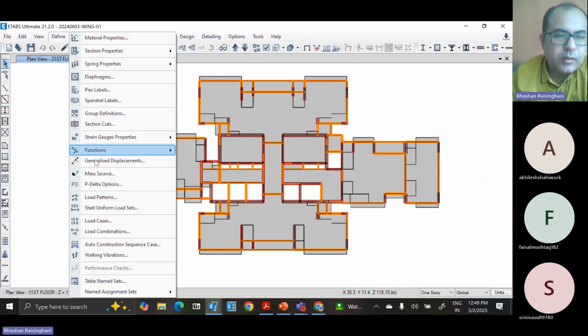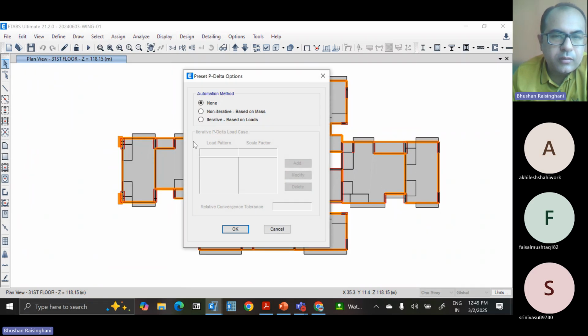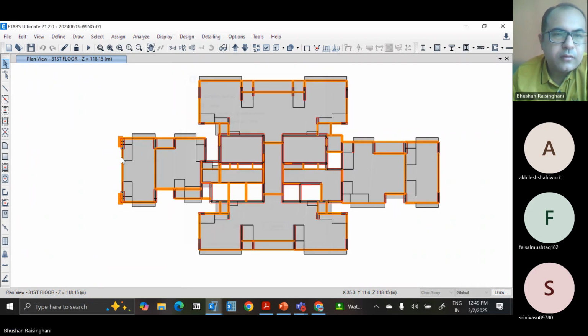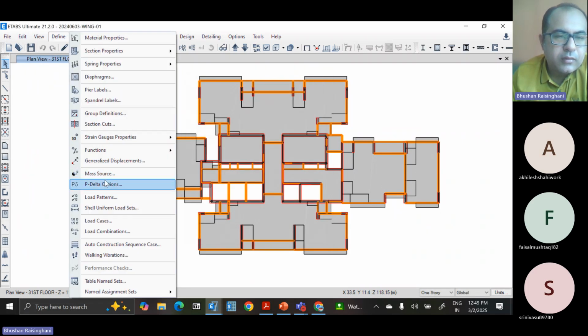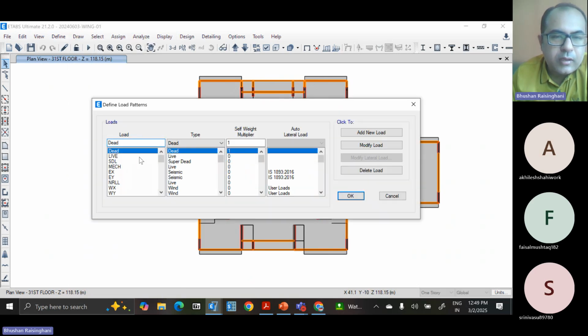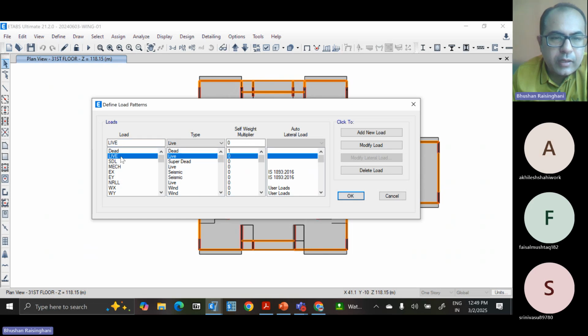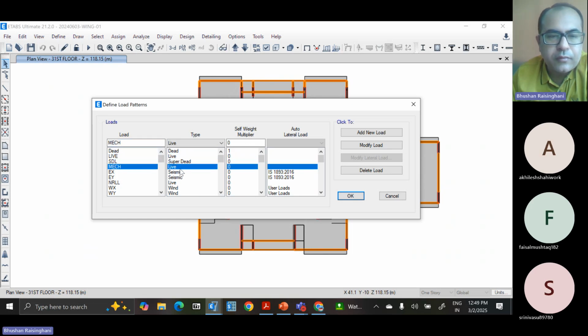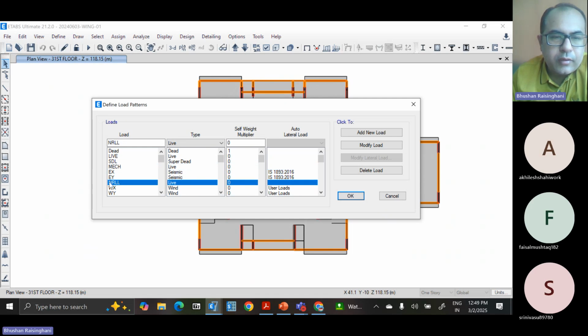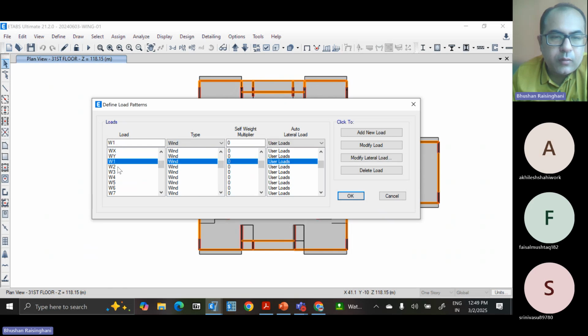Now, if we look into the P delta option, they have not yet defined it here. And load patterns. So there are dead and live is general, super dead load, mechanical is live load, that is the lift load, then non-reducible live load, then various wall loads are there.